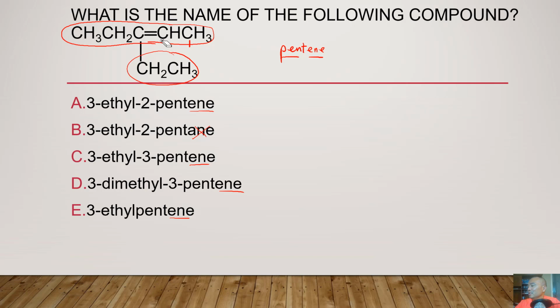So you put number 1 over here, and this will be number 2, 3, 4, 5. On carbon 3, you have an ethyl group. So it will be 3-ethyl. You put this together, it becomes 3-ethylpentene. So E is the correct answer.